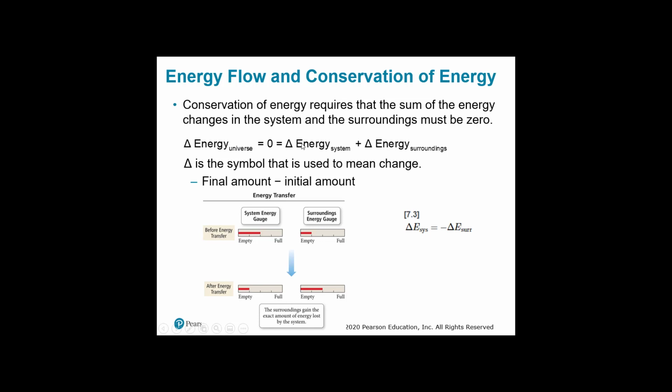How can it be equal to zero if you're summing up the internal energy of the system and the internal energy of the surroundings? Well, you make them equal to each other, which is what I did down here. One will be positive, the other must be negative. You have to have a value, and it has to be equal, but in the different direction. So negative or positive for the other side.